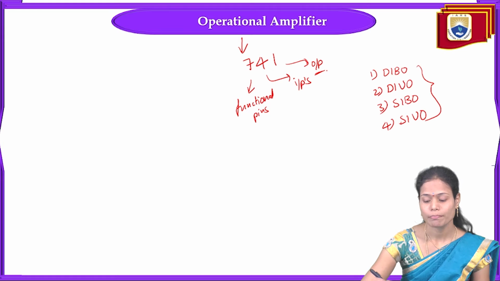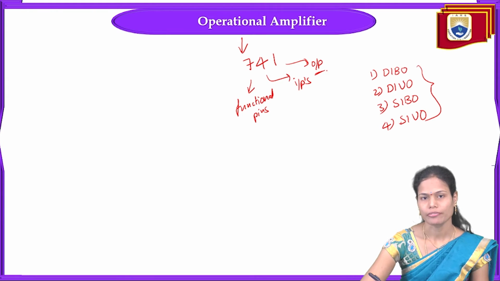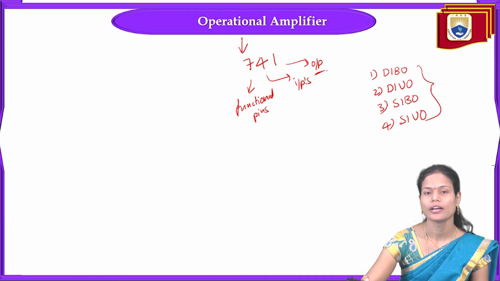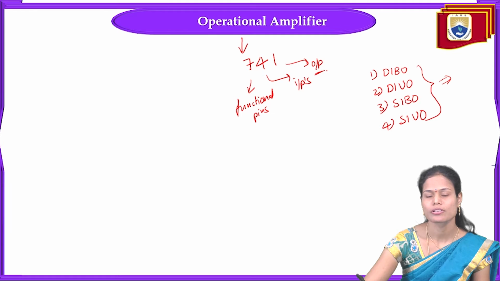The features present in the differential amplifier are also applicable for the operational amplifier. That is, it can amplify the differential voltage we apply to the 2 inputs of the differential amplifier, and it can provide a very high common mode rejection ratio. That is, when we provide a common input signal, it is rejected, which improves the CMRR value. These effects are also applicable in the operational amplifier because all the internal stages are differential amplifiers.